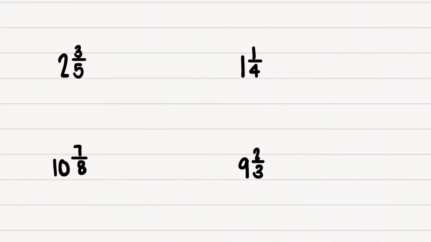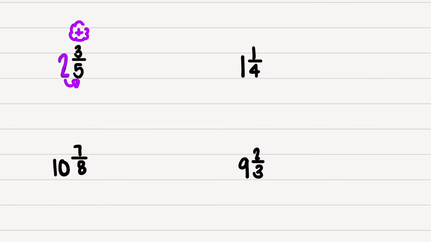What about going the other way around and going from mixed fractions into improper fractions? If we look at our first example, we have 2 and 3/5. So 2 and 3 over 5. What we're going to do is take our whole number and multiply it with our denominator. And then we are going to add our numerator.